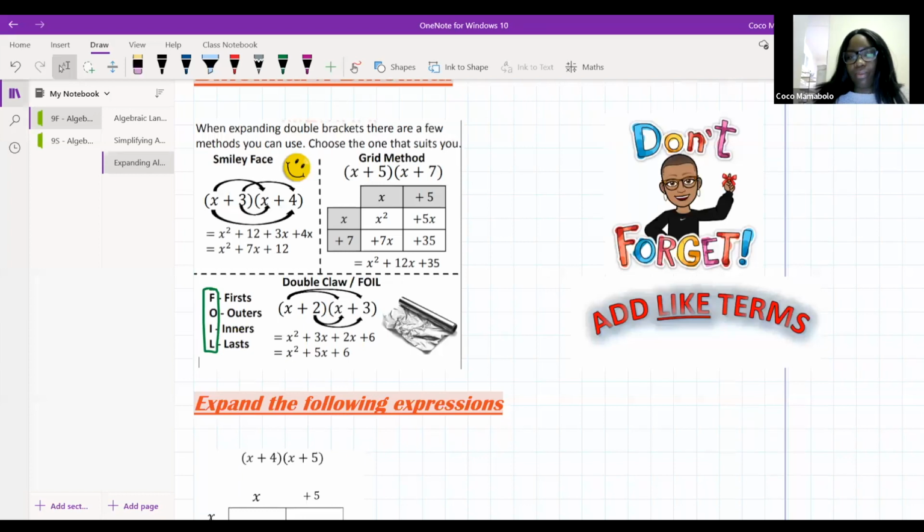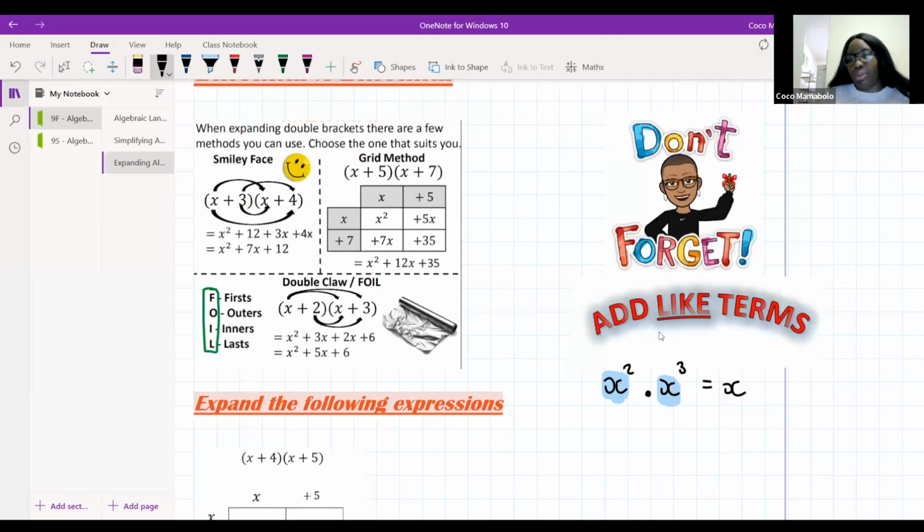Ma'am, for the variables, are we going to be multiplying using like terms or not? So when we multiply, like terms don't matter. The only thing that matters is like bases. The difference is, if I have x squared times x cubed, because these two things have the same base, I can keep my base and add my exponents.